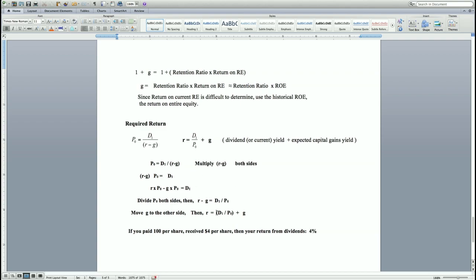So this one, D1 over P0, for our example, 4%. This one we call dividend yield or dividend return, current yield.